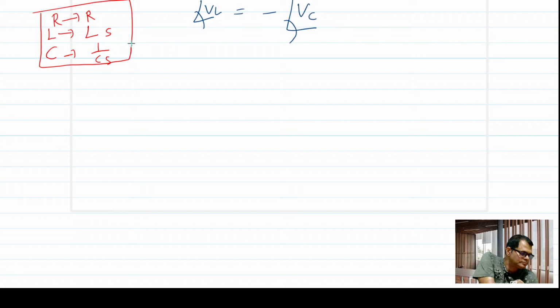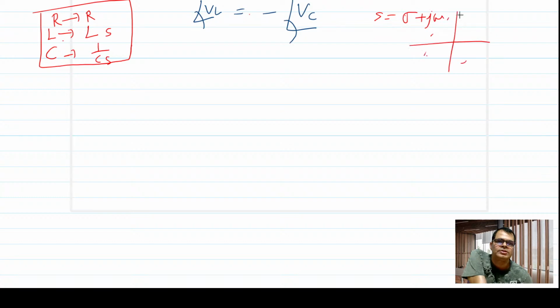Same as when we do it in the frequency domain, in place of s it has a bigger scope in the s plane, where we call it sigma plus j omega. But when we restrict to only the j omega axis and sigma becomes 0, it is called the frequency response. Otherwise, it is a system response. Now with learning this, let us calculate for the series circuit.